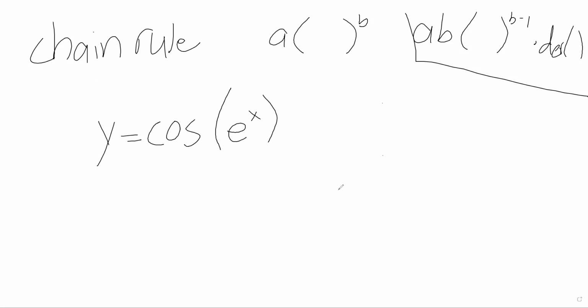You just follow the same exact procedure. And you can keep doing this. Let's say instead of e to the x, it was e to the 4x squared. Now I know this one looks like a mess, but you can have as many chain rules inside chain rules as you want. All you have to do is take it one step at a time and plug it into this formula.